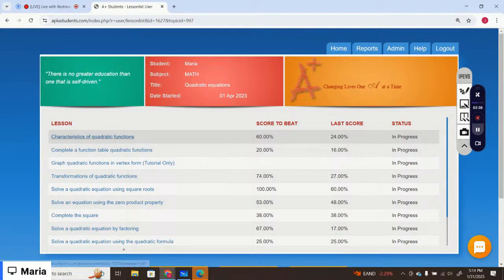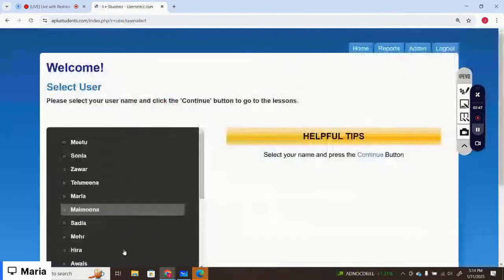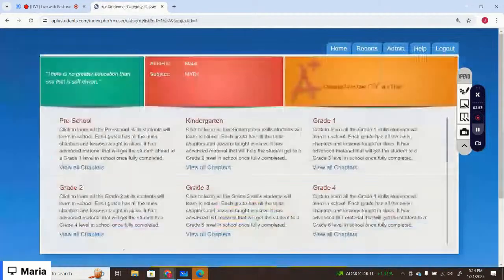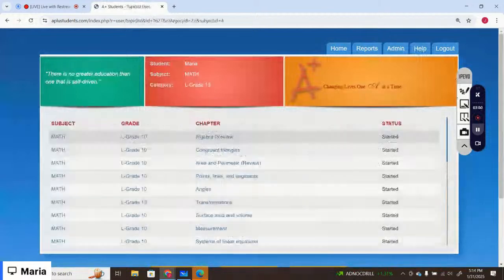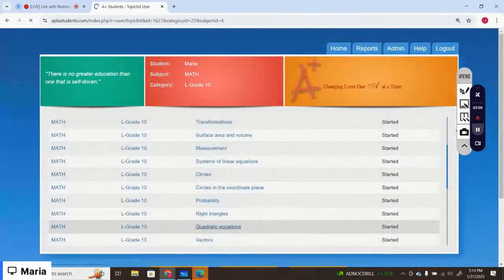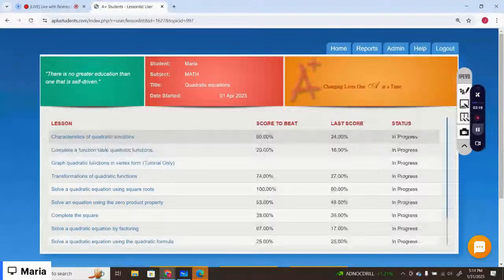Let's start with the first lesson, that is characteristics of quadratic equations.